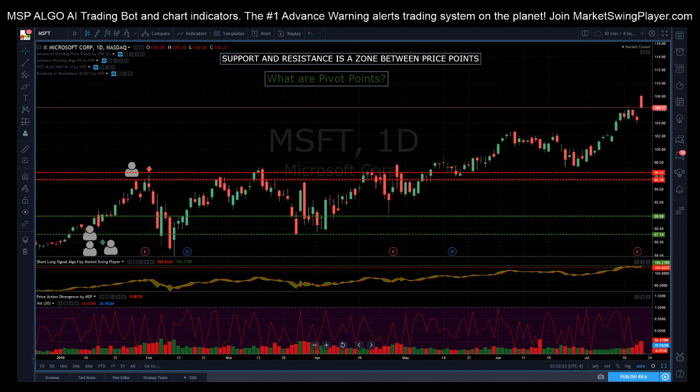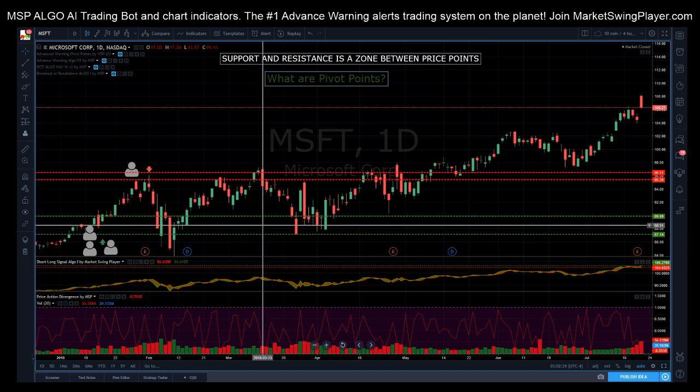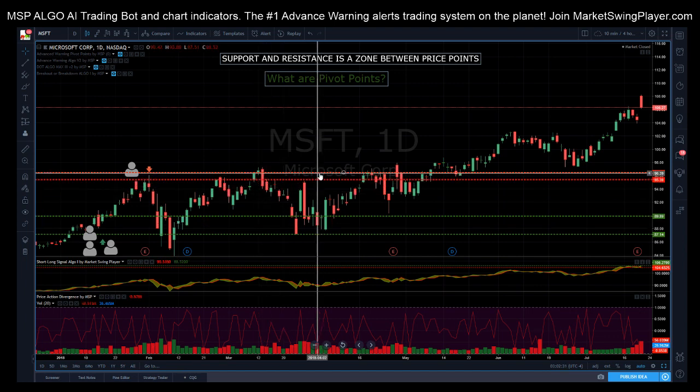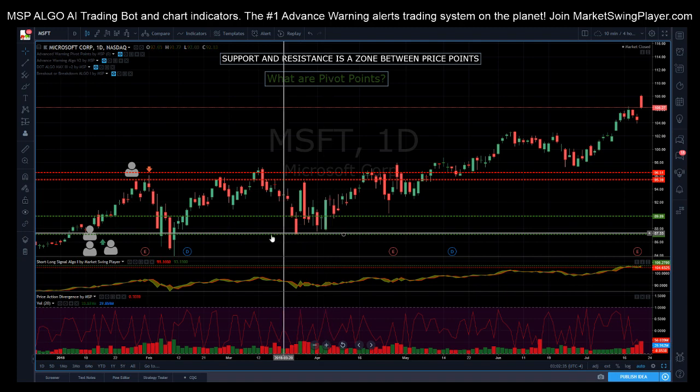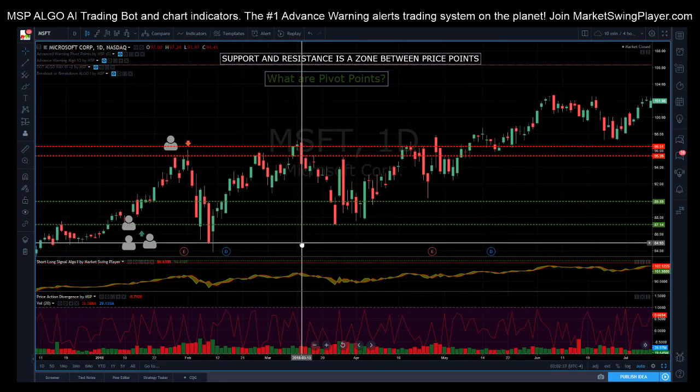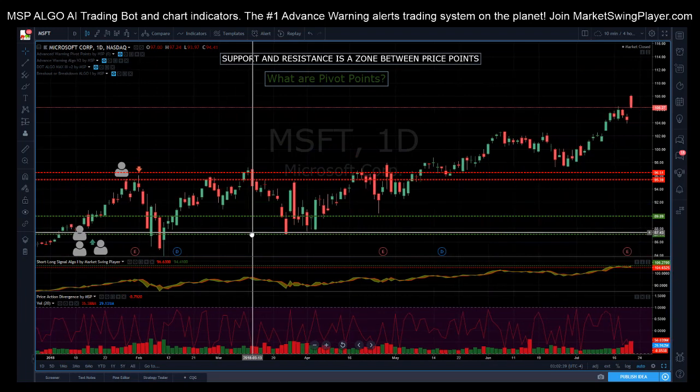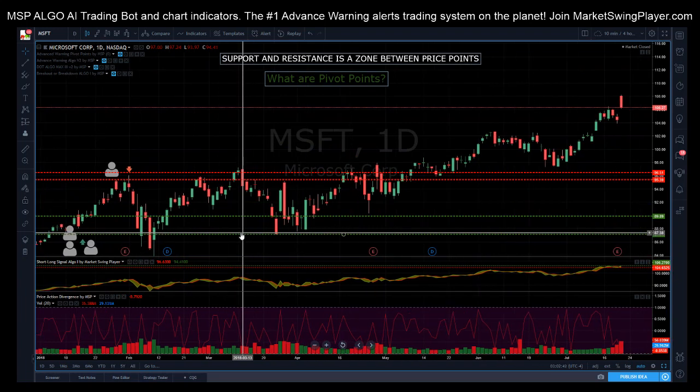So we have our resistance lines, the red, and we have our support lines, the green. And we had our traders. So we understand that support and resistance is not a specific price, but a zone or area between price points.